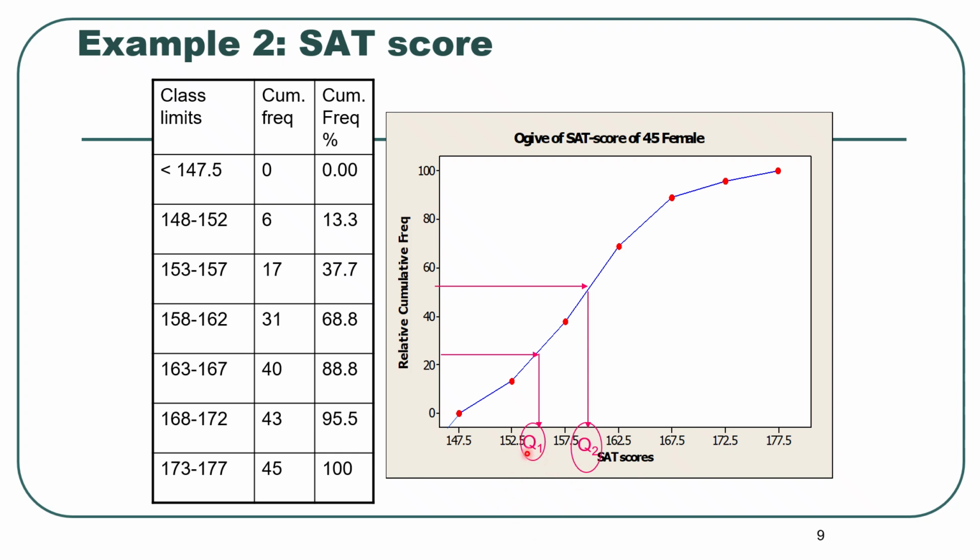If I want to find maybe the 80th percentile, I would go to 80 and straight until I hit my curve and down, and I would read the 80th percentile from here. So I can use the ogive to read Q1, Q2, Q3, and any percentile graphically from my ogive.